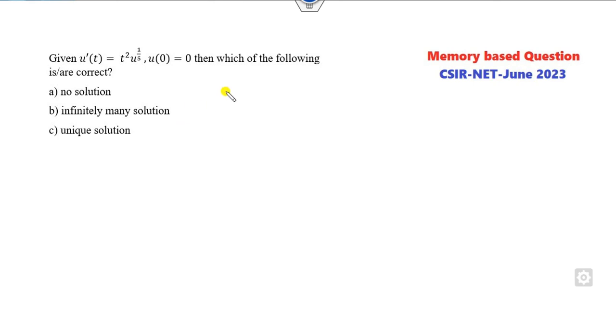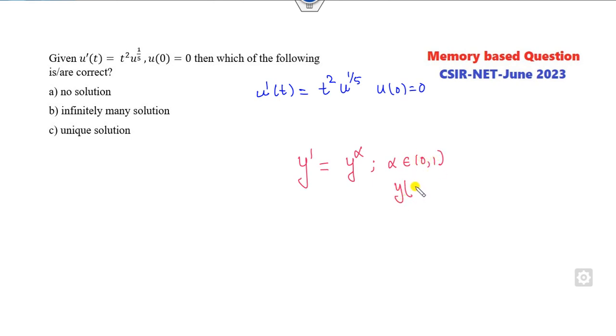Okay, which of the following is true? There may be some more options, but we don't know about that. So u dash of t is t square of this. I explained already in my differential equation PYQ lectures that whenever this is here, alpha lies between 0 and 1 and the initial condition is 0, where this a is a real number and the coefficient is positive, then we will always get infinitely many solutions.